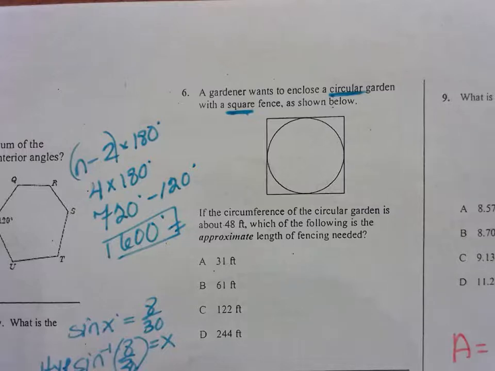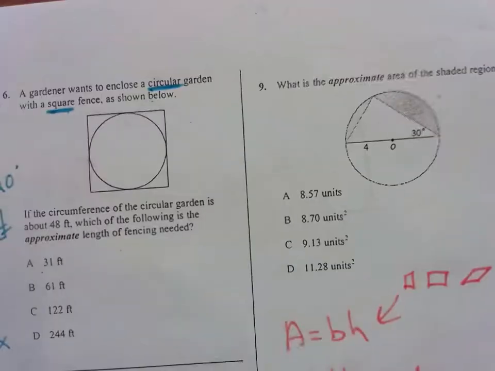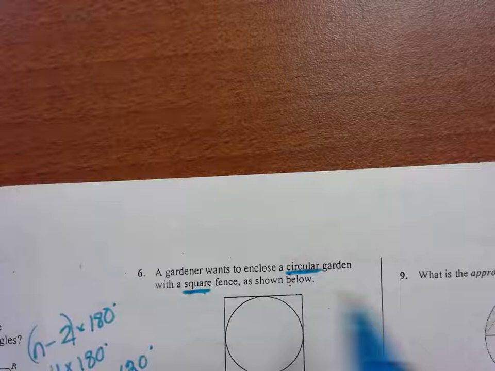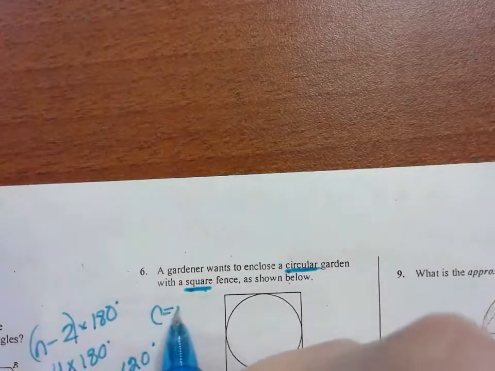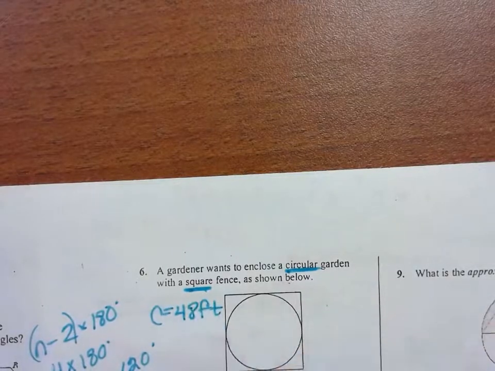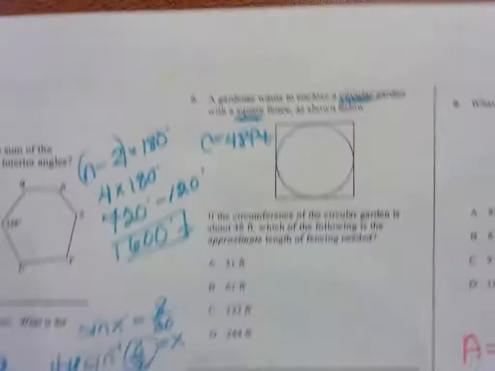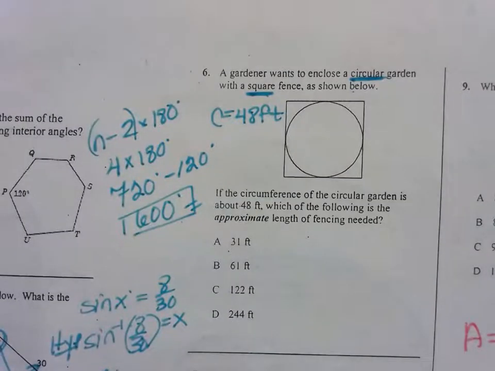Okay. So we know that this equals 48 feet. And we need to know the approximate length of the fencing needed.